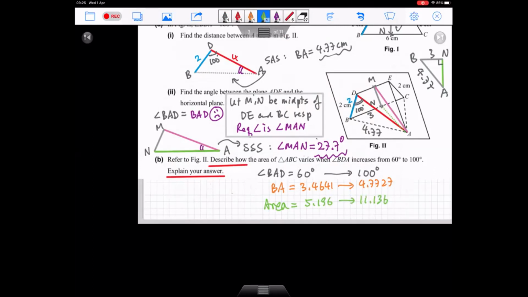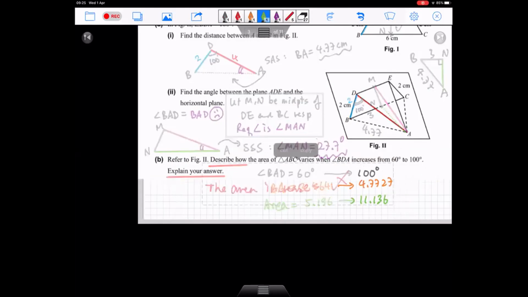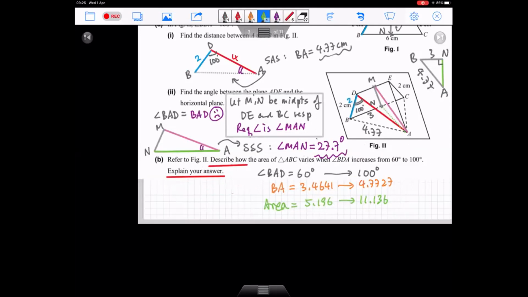In this case, it is a simple description because it's always increasing. Sometimes the description may be more difficult because part of it may go up and then come down, so you might insert, for example, 90 degrees. But in this case, it's easier because it's straightforward increasing.